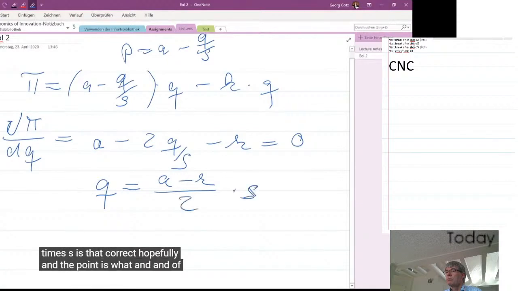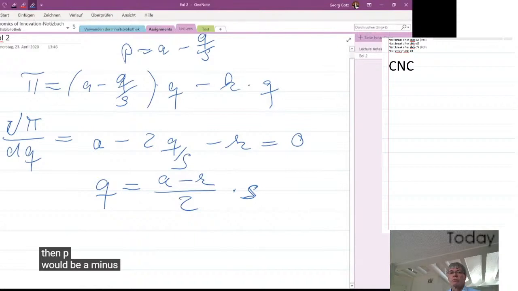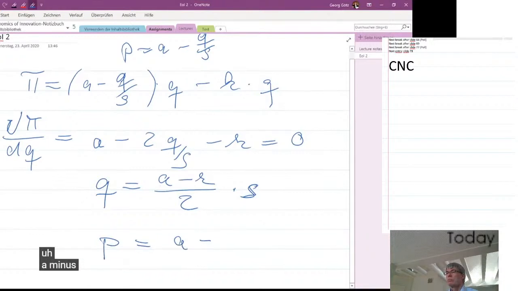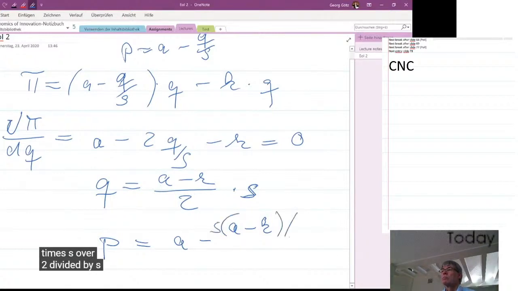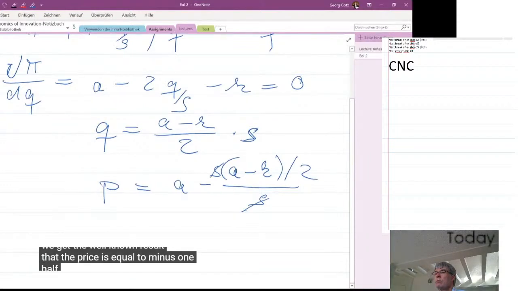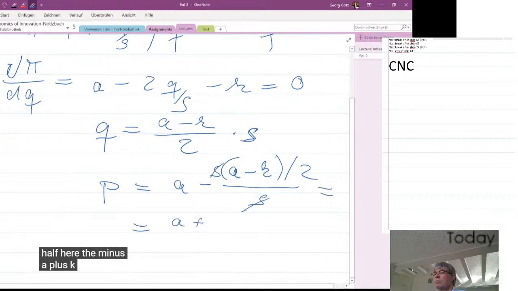And of course then P would be a minus a minus k times S over 2 divided by S, so that we get rid of the S, and actually we get the well-known result that the price is equal to a plus k over 2.